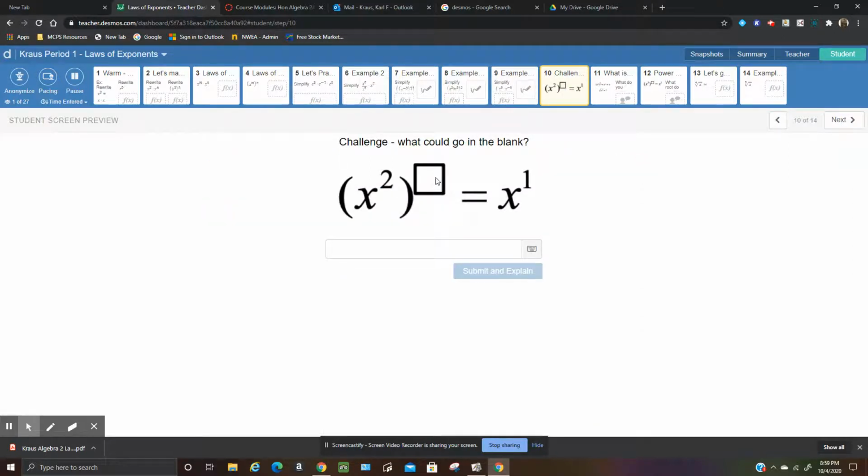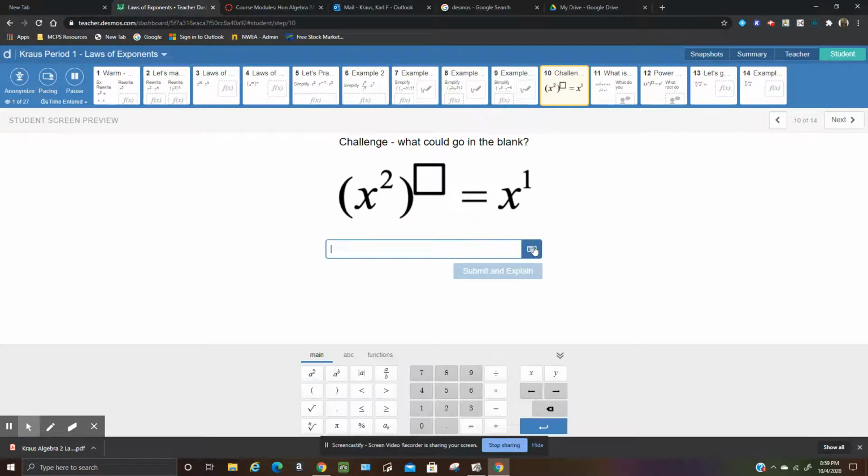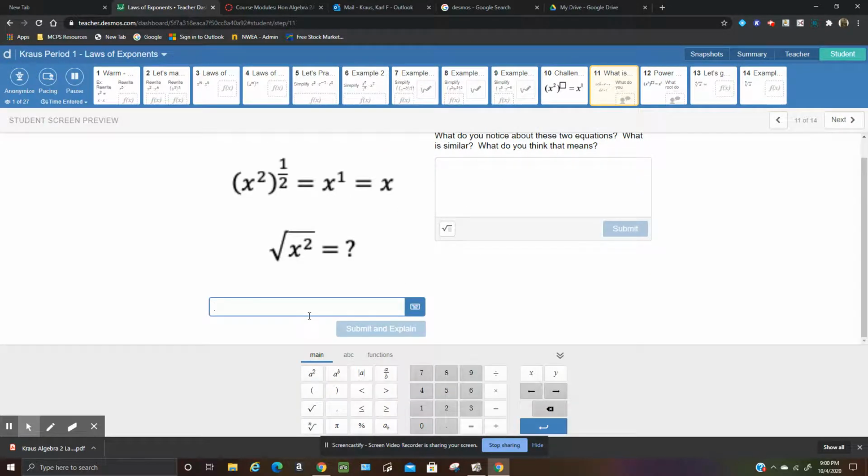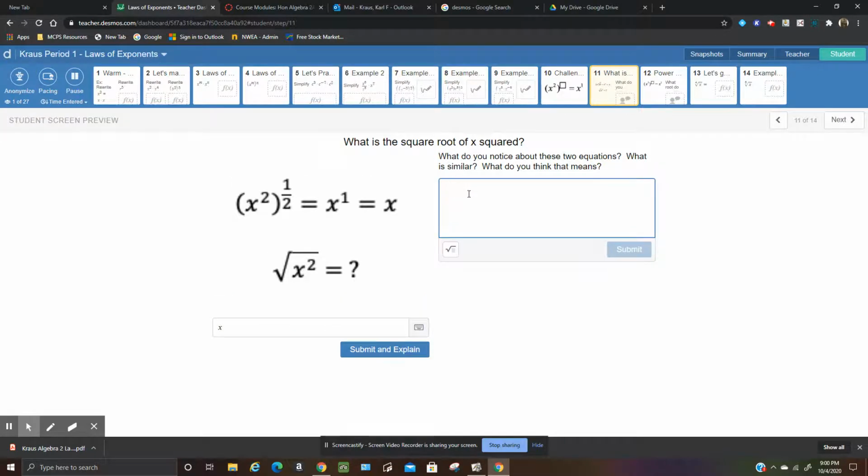All right, so what goes in the box there would be a 1/2. So x squared to the 1/2 would be x to the 1st. And what is the square root of x squared is x. So you get the same answer here.